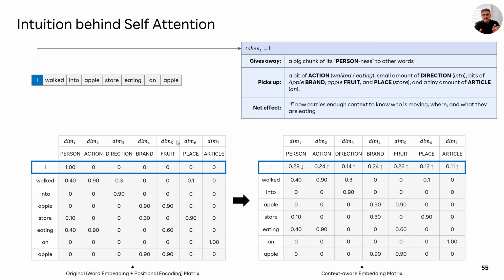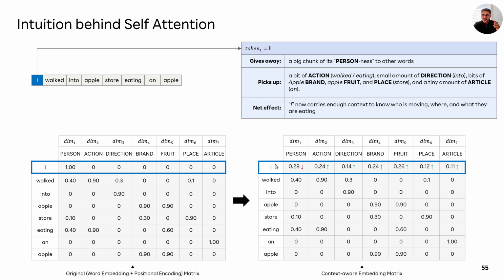You might have started off with all zeros for the rest of the feature dimensions and one for the person dimension for this token I. But in this sentence, after you make this change, the net effect you want is that this word I knows it is carrying this context: that it is moving in a certain direction, it is eating something, and it is moving into a certain company or a certain place, right? So that's how it's modified.